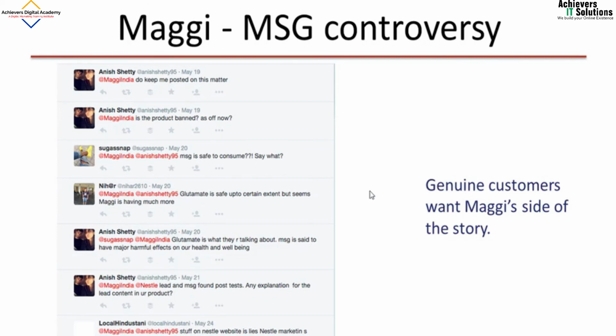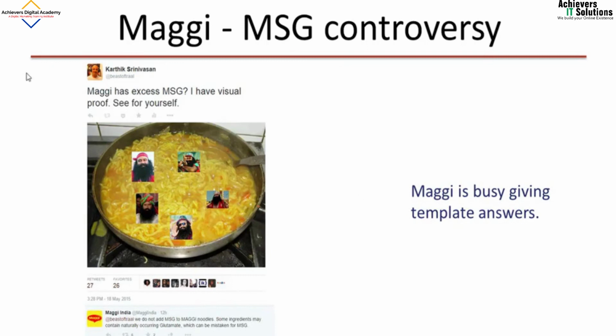Then there's this blogger named Karthik Srinivasan, a very popular blogger. He trolled Maggi. He posted this picture of a plate of Maggi noodles with pictures from the movie MSD, which had just released then. And he says, Maggi has excess MSG, I have visual proof, see for yourself. Even to this tweet, Maggi gave the same templatized, copy-pasted response saying we do not add MSG to Maggi noodles, some ingredients may contain, etc. This tweet was a troll tweet.